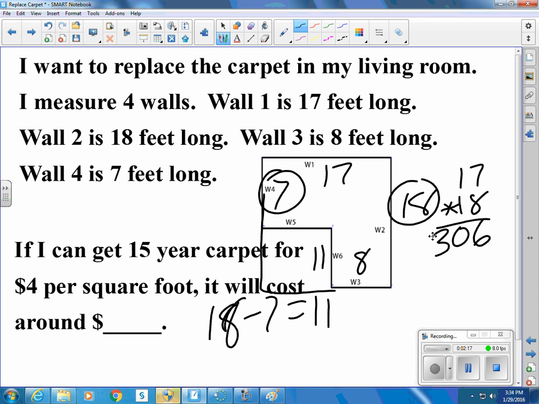So 17 is all the way across, and 8 is missing from that. So wall 5 is 17 minus 8. So this one is 9. So the piece that's missing is 9 by 11. So 9 times 11 is 99.